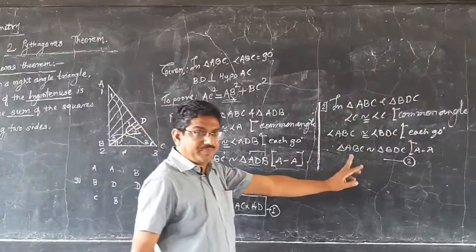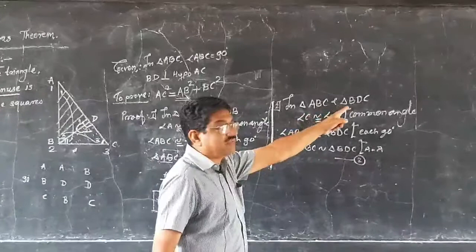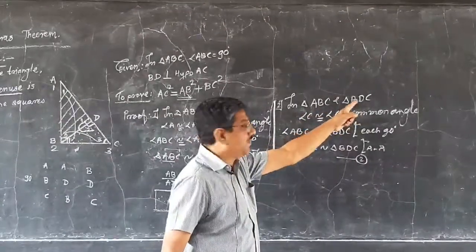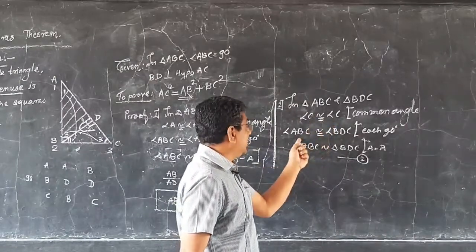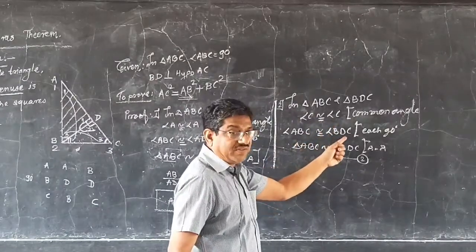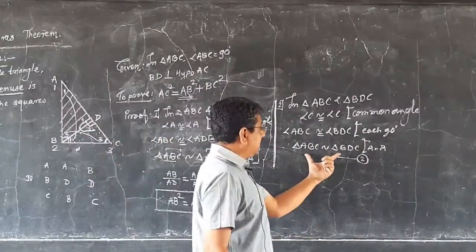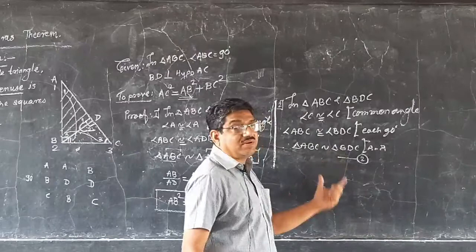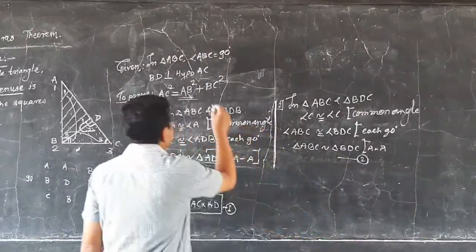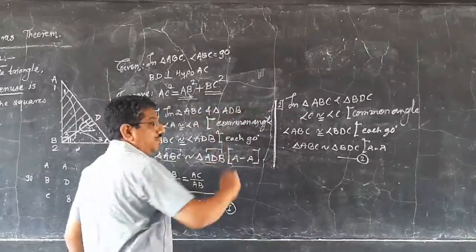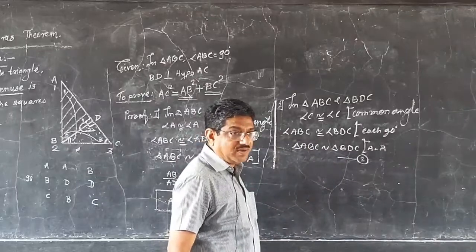Similarly, we have to show triangle ABC is similar to triangle BDC. Angle C is congruent to angle C, that is a common angle. Angle ABC is 90, angle BDC is 90. Again, triangle ABC is similar to triangle BDC. Now, here I have to take BC square. When two triangles are similar, take the corresponding sides proportional.